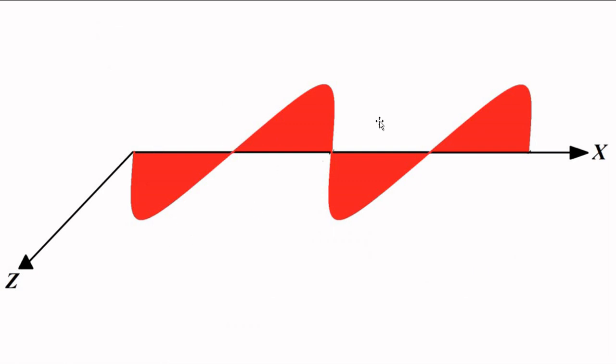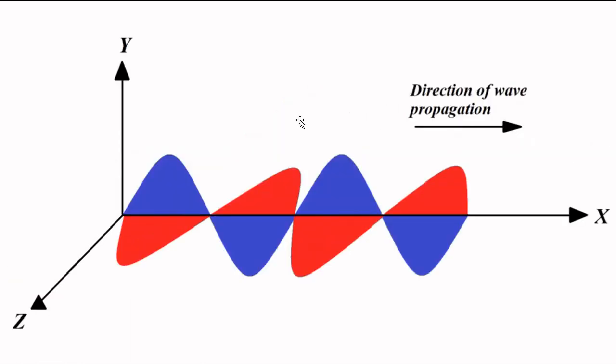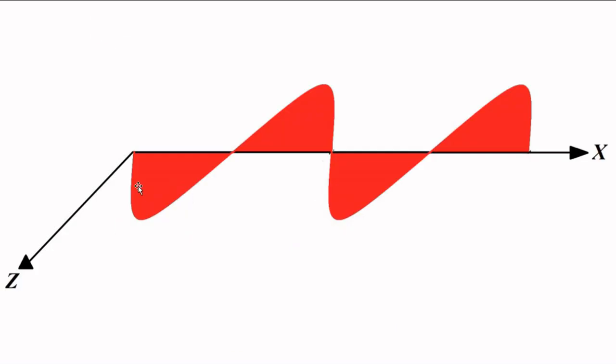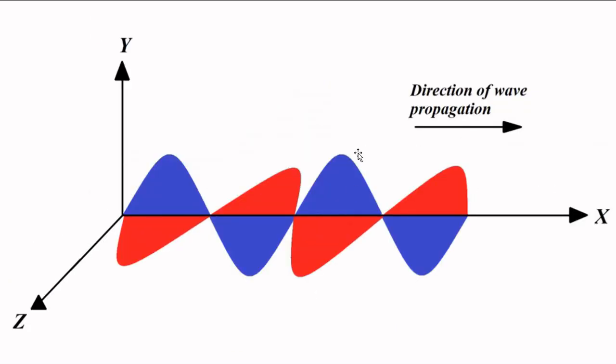Magnetic field variations happen along the z-axis, positive and negative z-axis, and the wave altogether is moving in the positive x direction. So electric field along the y-axis, magnetic field along the z-axis, and wave propagation along the x-axis.